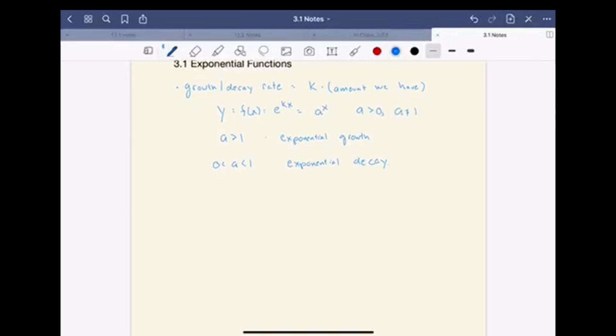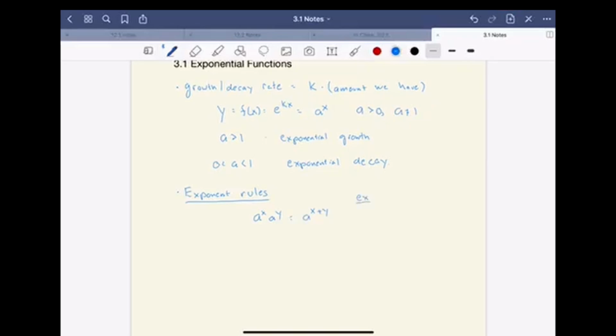Okay, so let's start first with some general exponent rules. First, when you multiply things with the same base, you add the exponents.